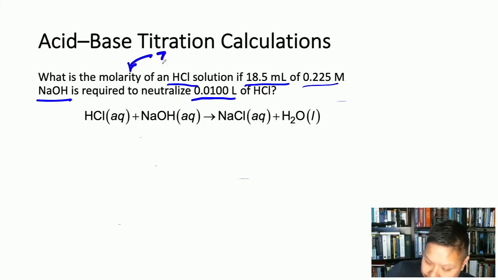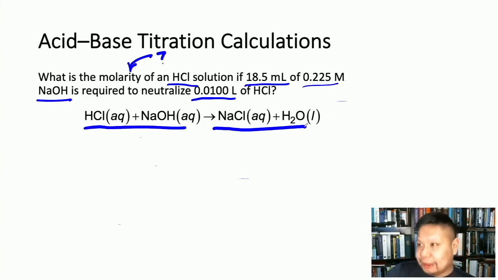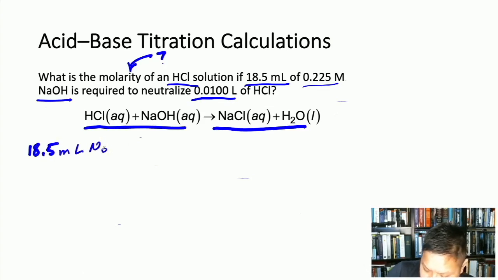Luckily, we have the equation of the reaction given to us, and since it's just sodium hydroxide and hydrochloric acid, it's a 1-to-1 ratio for all of it. So we don't have to even worry about balancing it. Lucky us. So the easiest way to do this is to do some dimensional analysis, and you can do this with data that you recover experimentally as well. So it says I dropped 18.5 mL of sodium hydroxide, right?